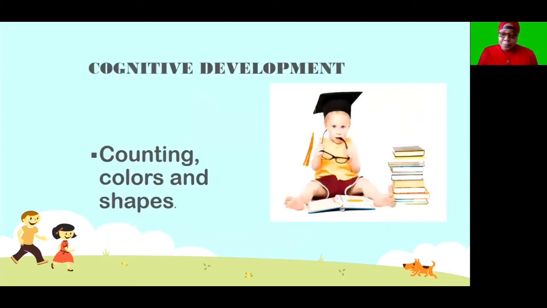cognitive development. By definition, cognitive development is having the ability to learn and solve. So when we look at the screen here, you see where it says learning to count, learning colors, and learning shapes.